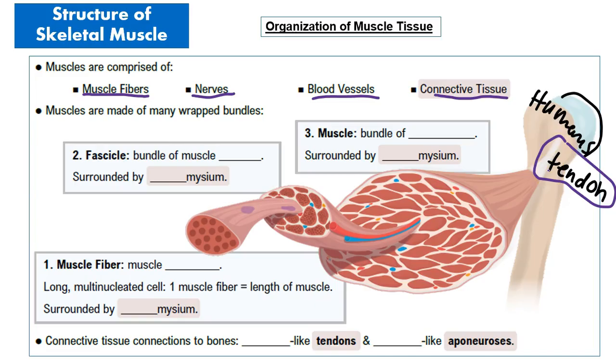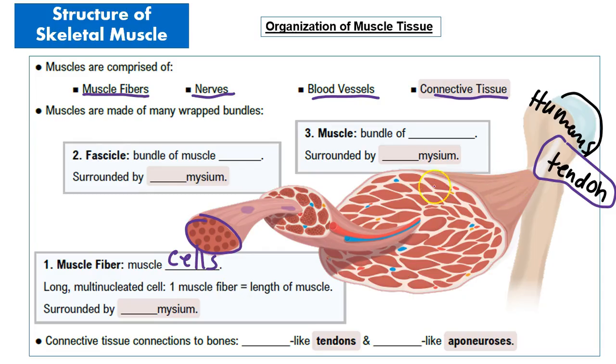So muscles are made of many wrapped bundles. That's one thing we can talk about. So let's talk about the first one, which is going to be this bundle here. Muscle fibers, or again, muscle cells, are going to be long and multinucleated. We know they're multinucleated, we know they're striated, but we also need more details and say, hey, these are long. That means one muscle fiber is going to be a length of whatever muscle you have here.